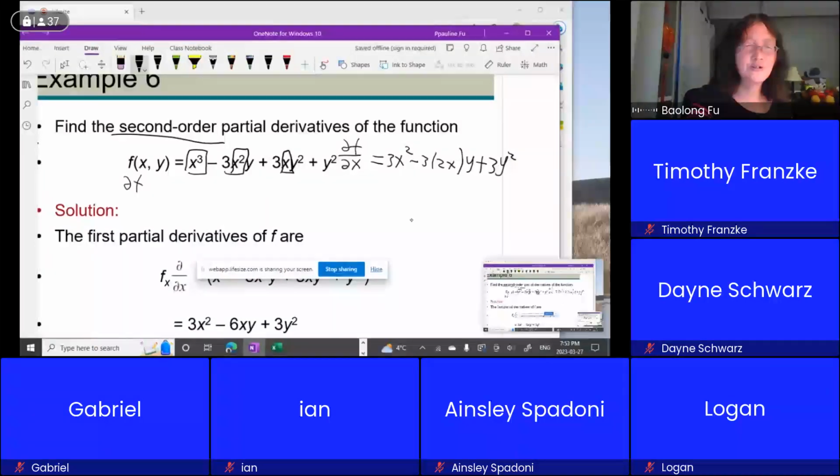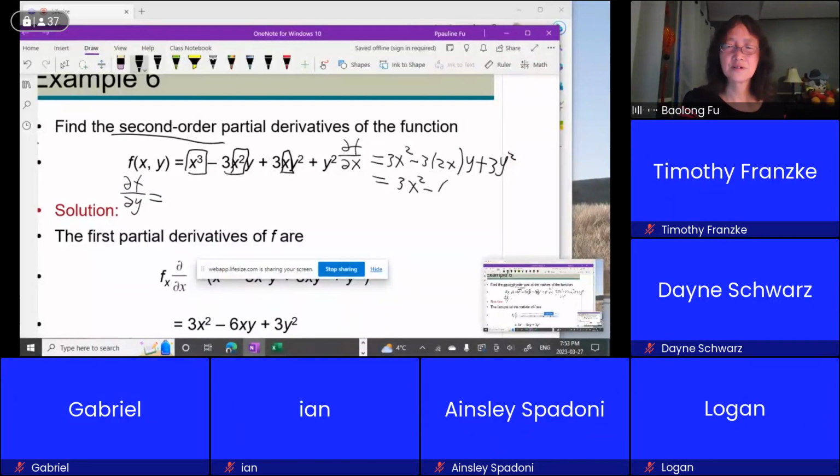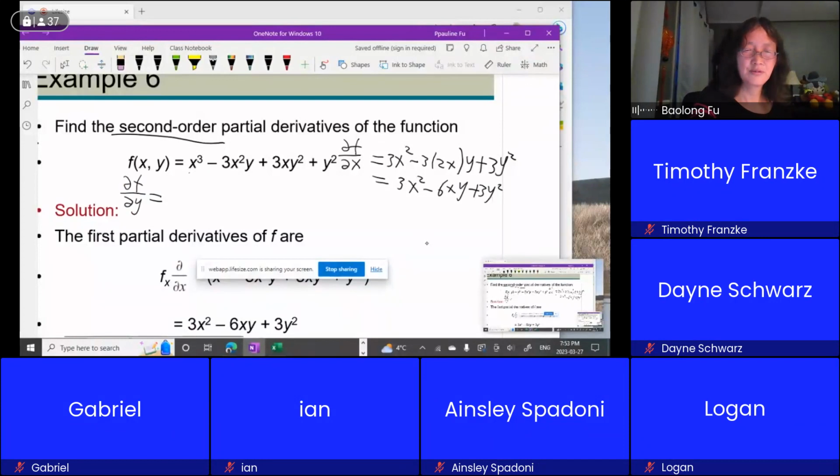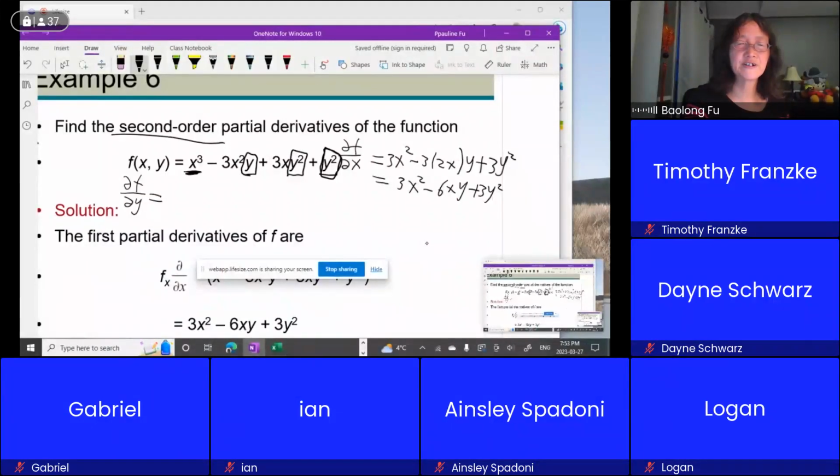Now, do derivative for y. Maybe I need to simplify this one. It is just 3x. Okay. Now do the y. When you do the y, only take derivative for y. X is constant. So this is 0 because it is constant. And this only do derivative for y, you get negative 3x squared.